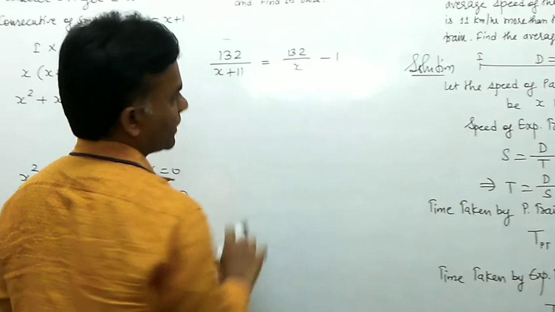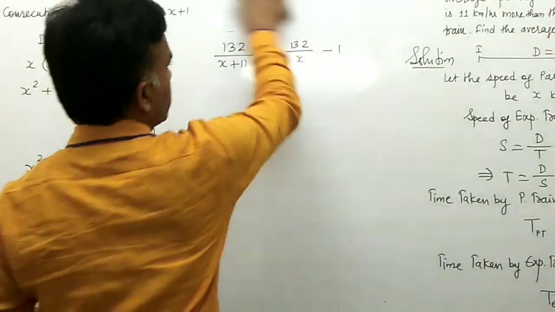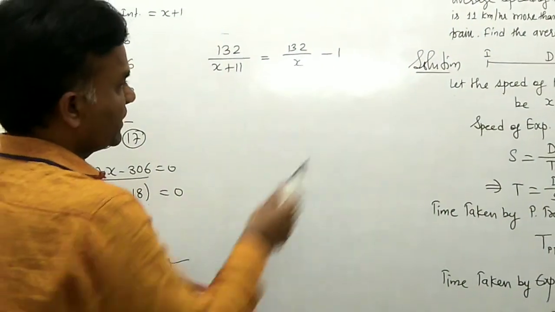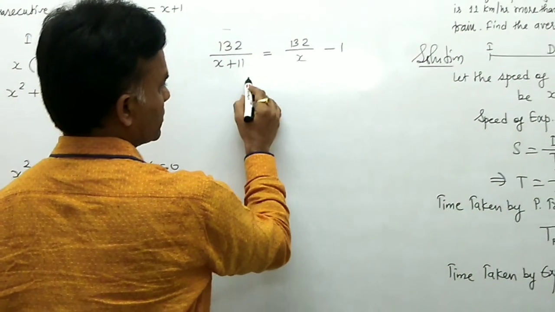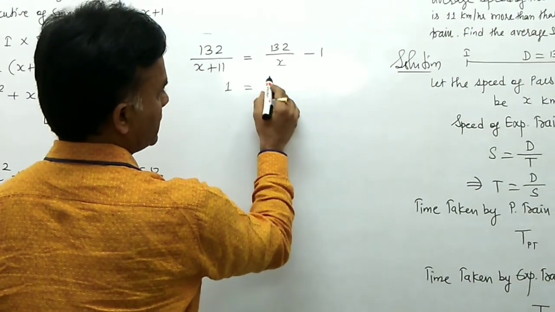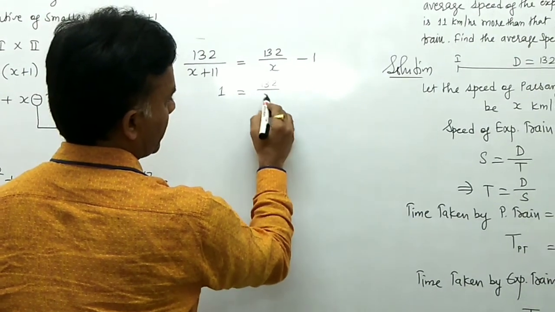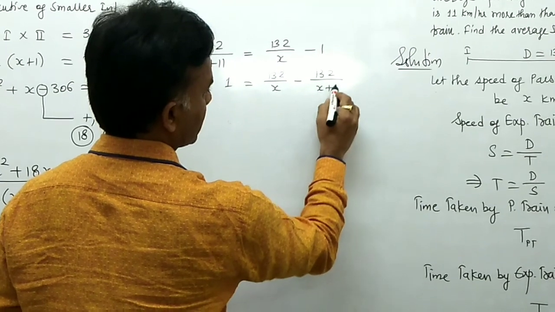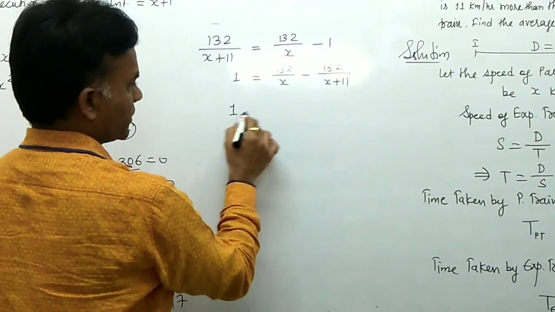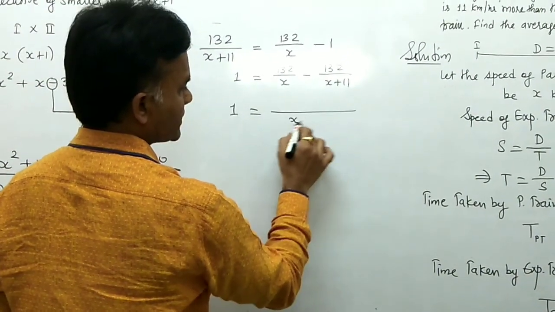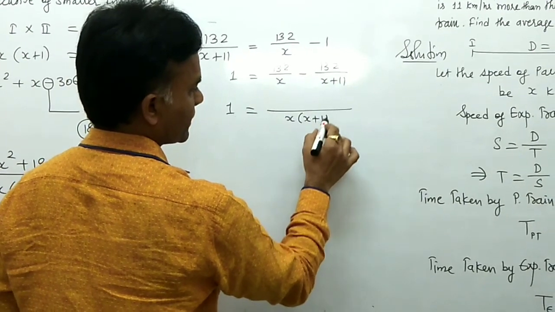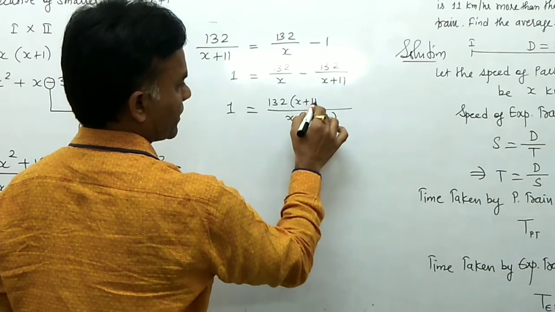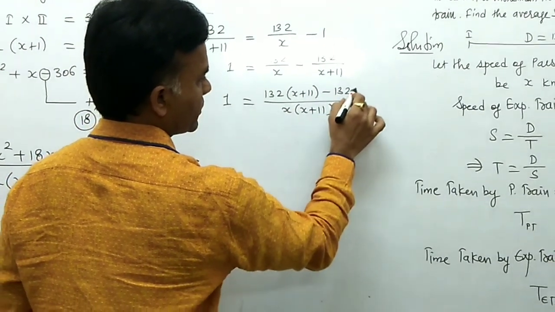and then minus 1. Okay, so here we put the minus 1 on the other side, so we find the difference: 132 upon x minus 132 upon x plus 11. Okay, so you take the LCM, x into x plus 11, and then 132 into x plus 11 minus 132 into x.